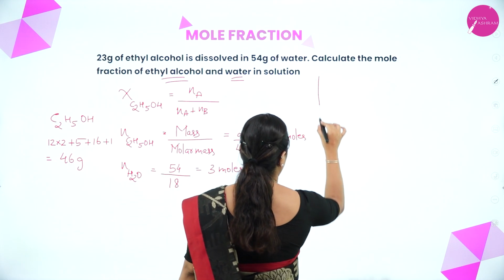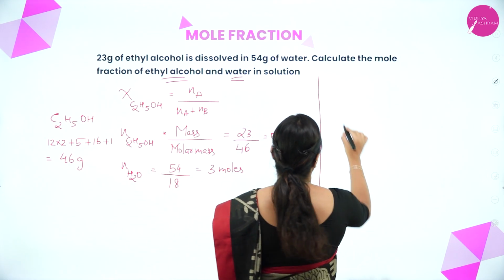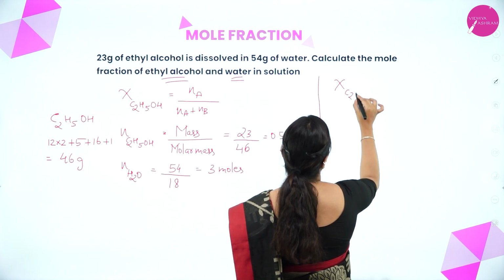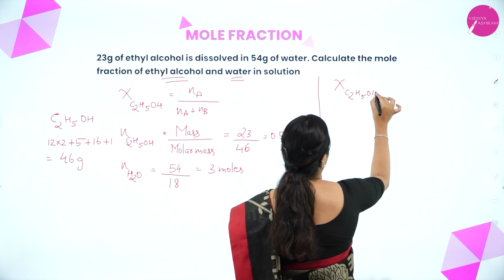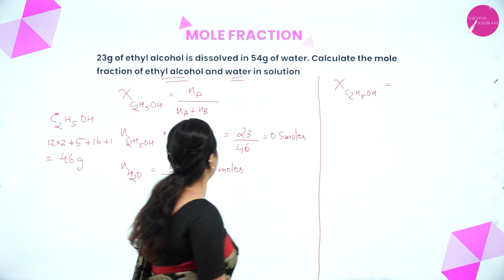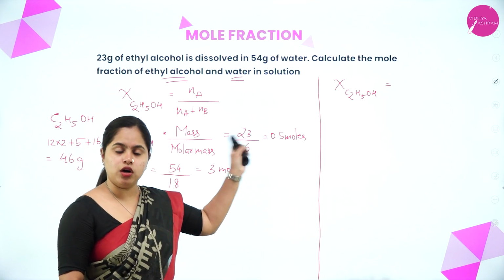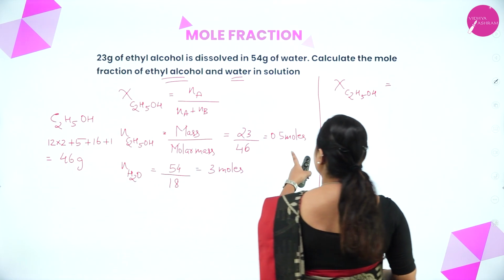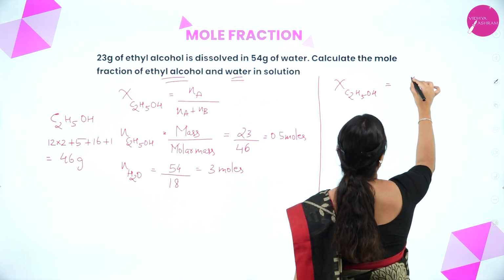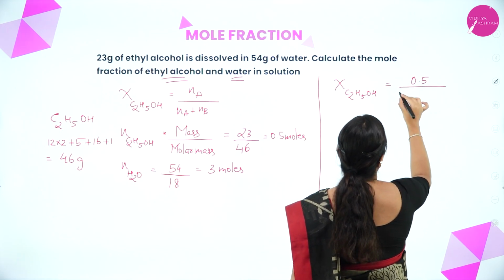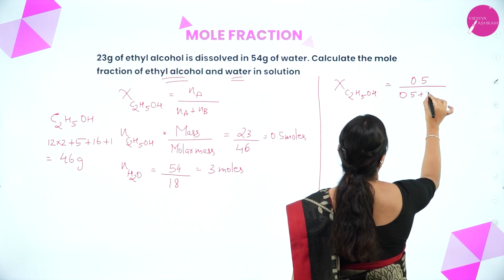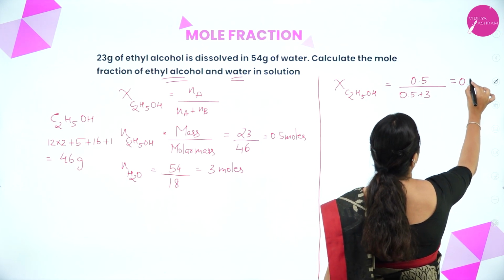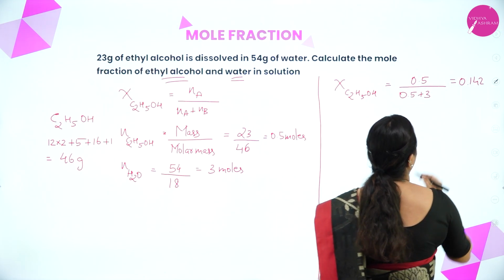Now you have to calculate the mole fraction. So the mole fraction for C2H5OH, that is your ethyl alcohol, will be equal to the number of moles of ethyl alcohol by the total number of moles of the solution. That is 0.5 divided by 0.5 plus 3, which will give you 0.142.